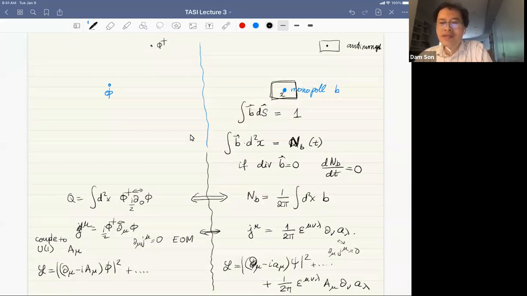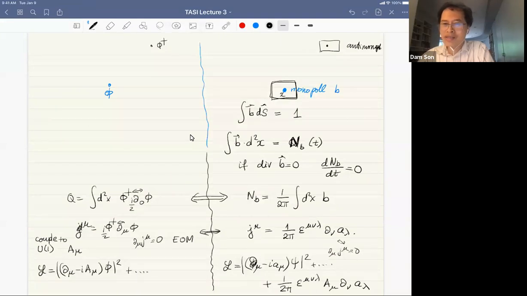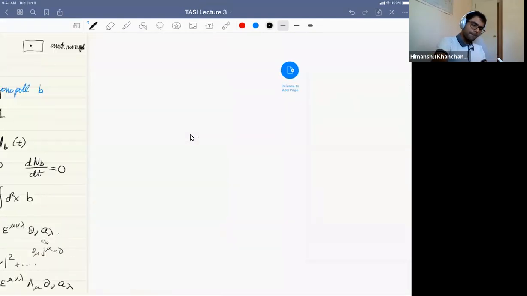There's also a conservation law on the right hand side, right? There is an abelian conservation law on the right hand side. So let's see how the map works. So maybe I go to another page.